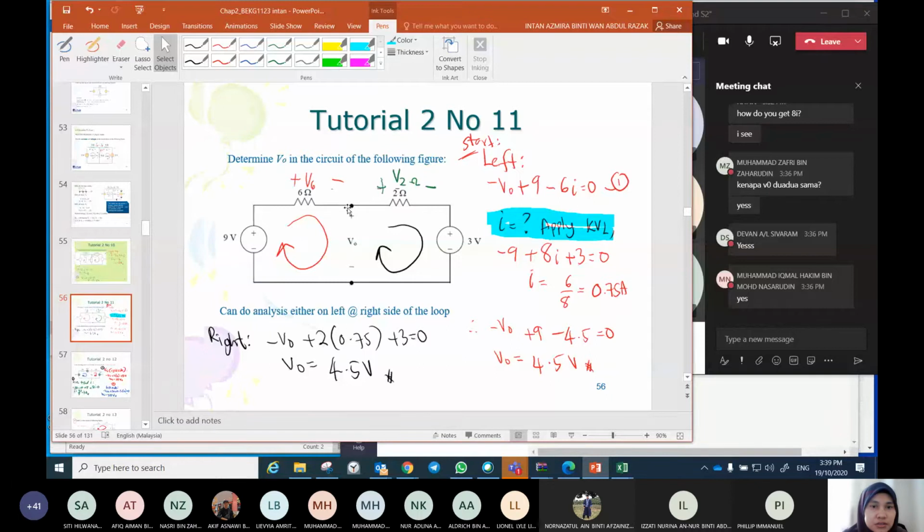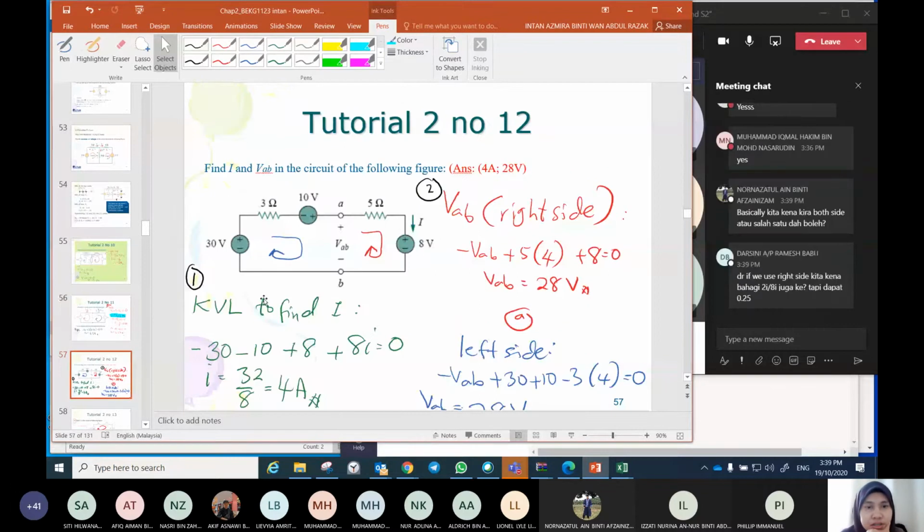So you can do the analysis on the right side or the left side, depending on which one is easier. If you look at this slide, VAB is located here. Now you can think which one you want to analyze, at the right side or at the left side. You may think that if you do the analysis at the right side, it will be easier because it only involves two elements here, 5 ohm and 8 volts.